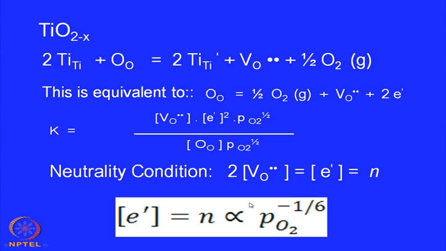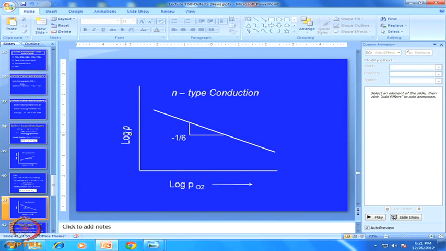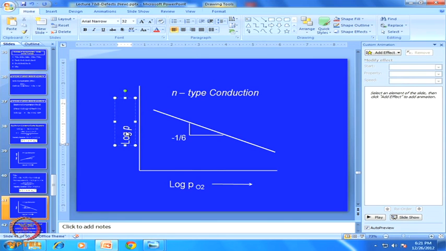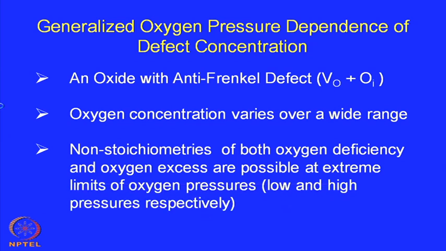So whenever there is a negative slope, when you plot this, log n, that is the concentration of the electron, as a function of PO2, it will be a negative slope, and negative slope means an n type conductor. So that is also, as a rule, you have to remember.